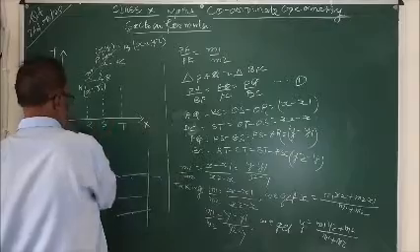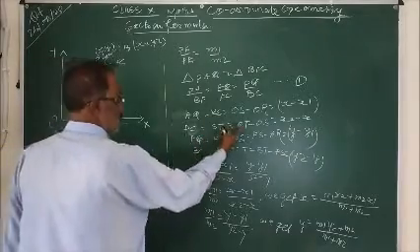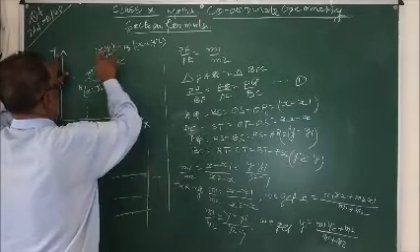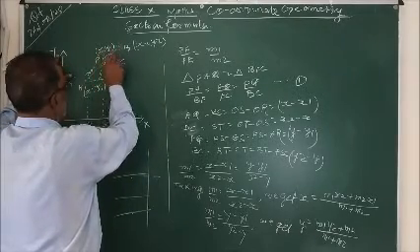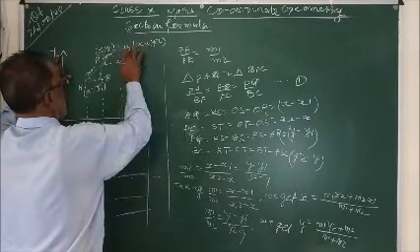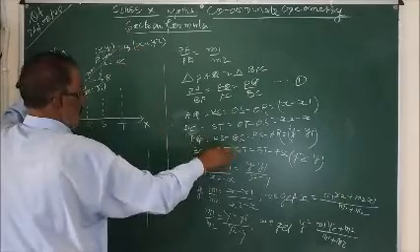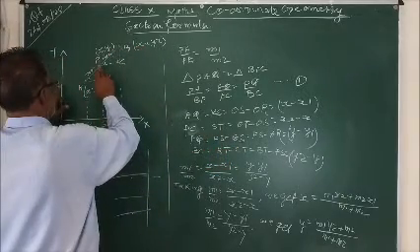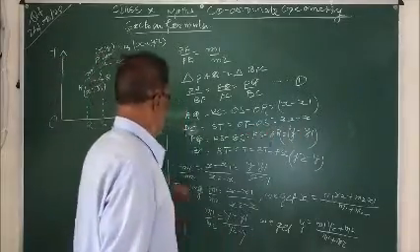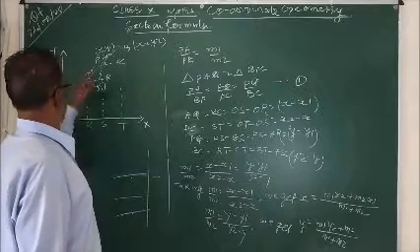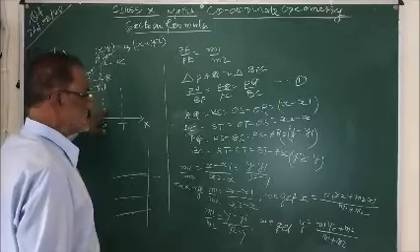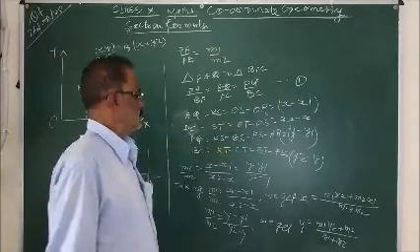And ST means OT minus OS. OT, you see, this will be x2, this is also a coordinate x2, and minus OS, OS means its coordinate is x. So x2 minus x. PQ is equal to PS minus QS, PS minus QS.